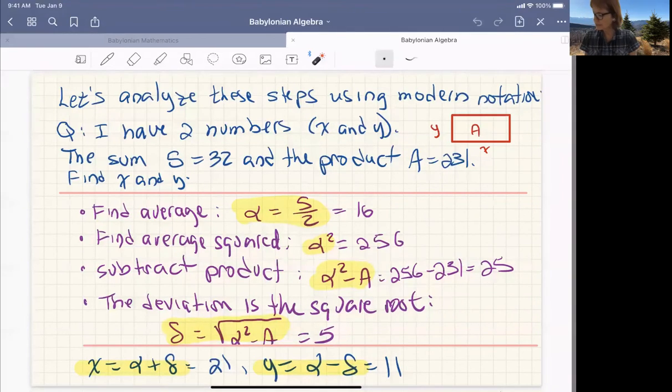So I have two numbers, x and y, and I'm going to make x the bigger of the two numbers. I'm going to call the sum 32, so that's x plus y. And I'm going to use the letter A to represent the product, because I'm going to think of the product as being the area of the rectangle that I just drew.